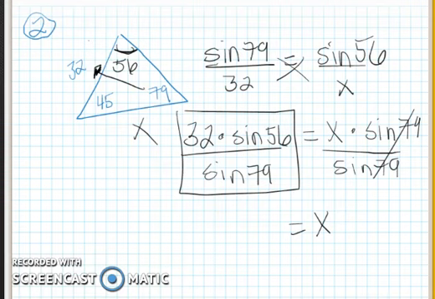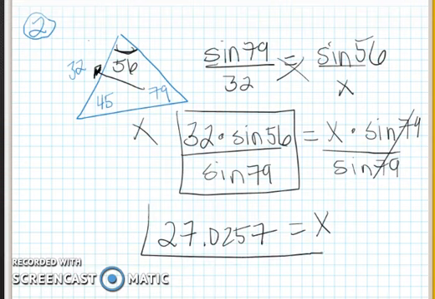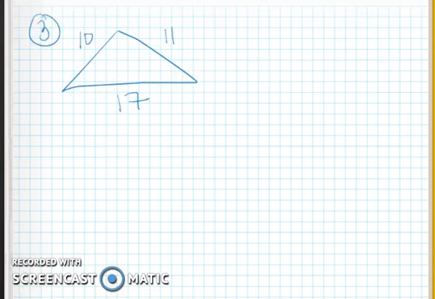And you should come up with 27.0257. Again, I'll write it out to a pretty far point. If you're not getting these answers on your calculator, but you're setting it up right, you need to come see me at lunch to get help or during tutorials so that we can get how you use your calculator correctly.